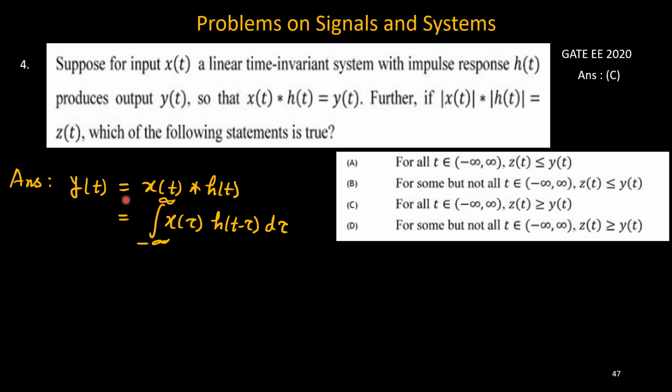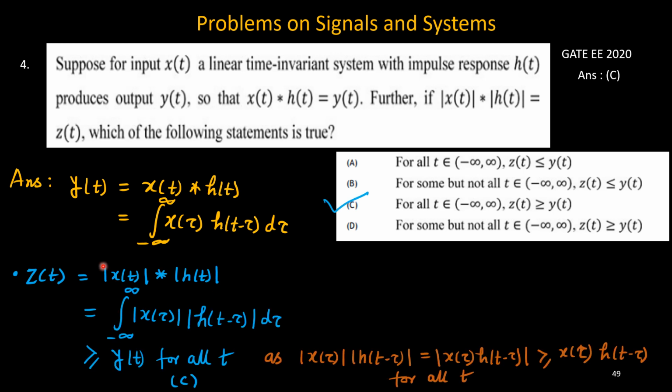So y of t is convolution of x of t and h of t, because x of t is the input and h of t is the impulse response. If I take convolution between input signal and impulse response, I'll get the output. That is given by the integral of x of tau h of t minus tau d tau. Now z of t is given as mod of x of t convolution with mod of h of t.